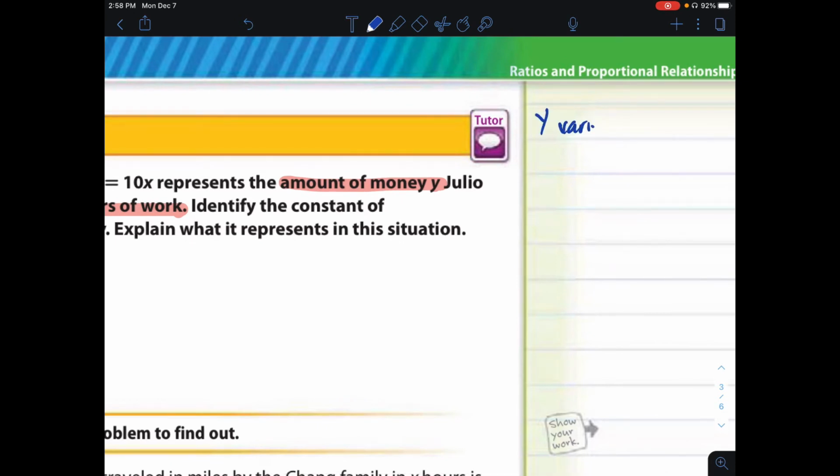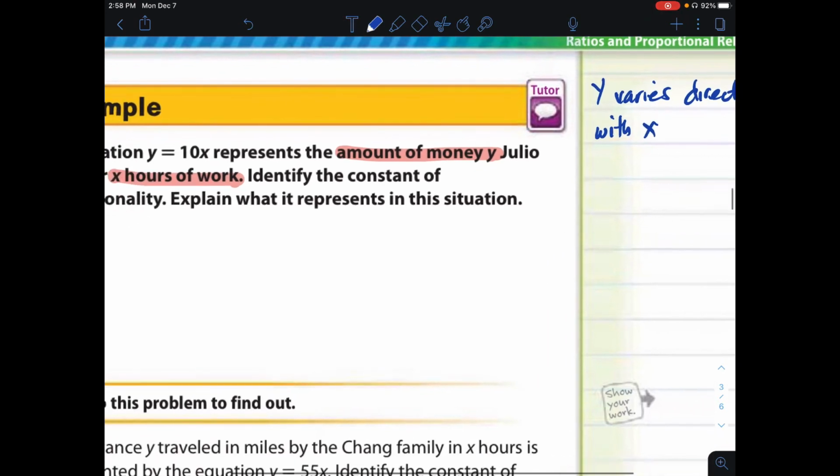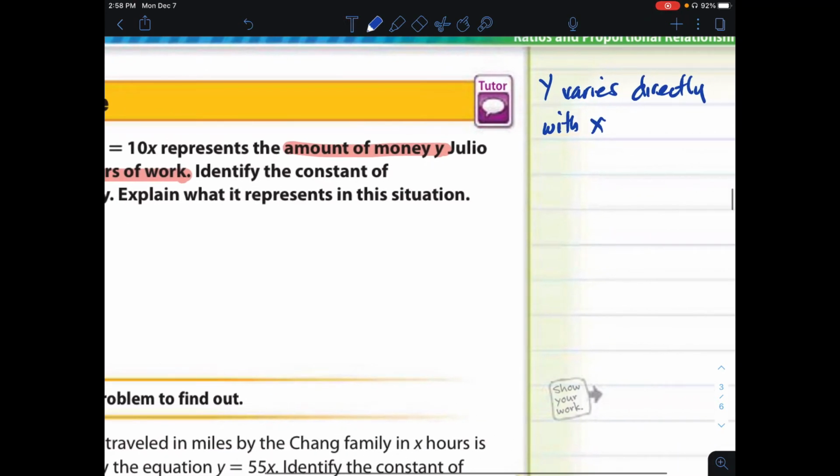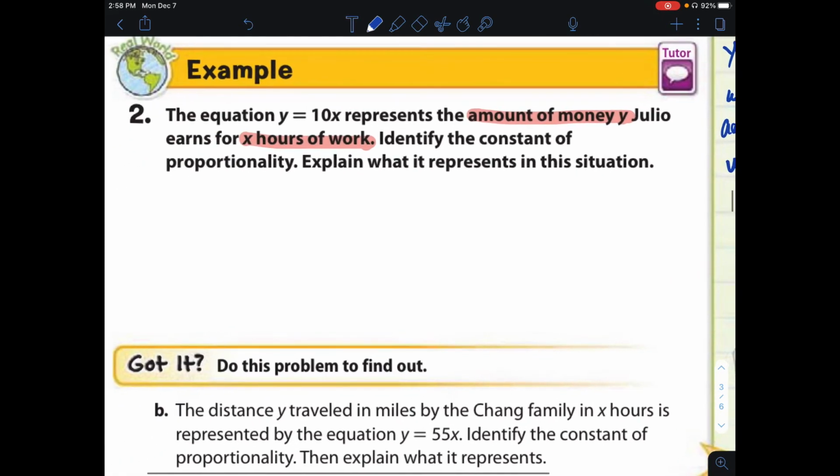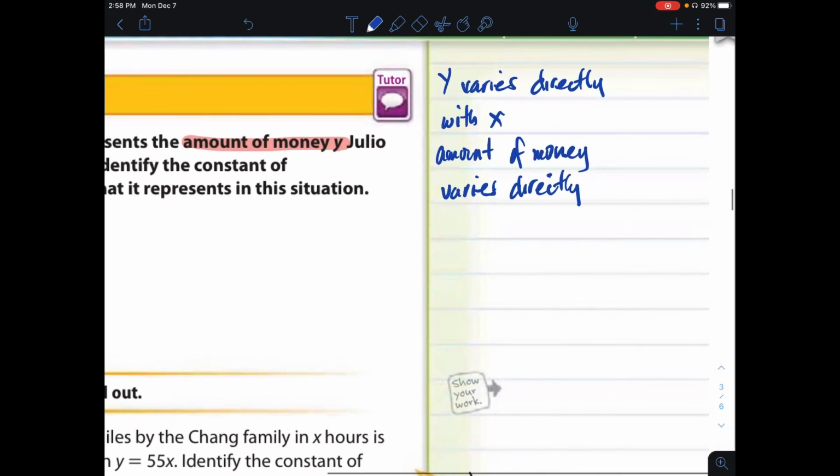So basically, since we know that y varies directly with x, we can also say that in this case, the amount of money, which is also y, varies directly with the hours worked.